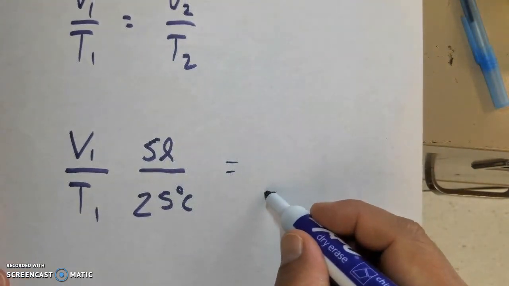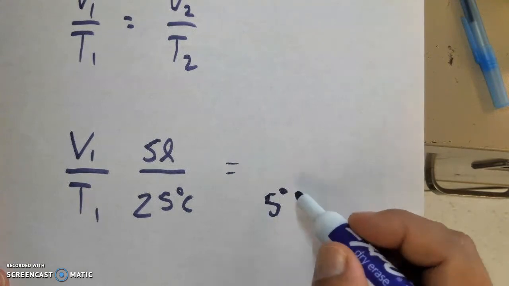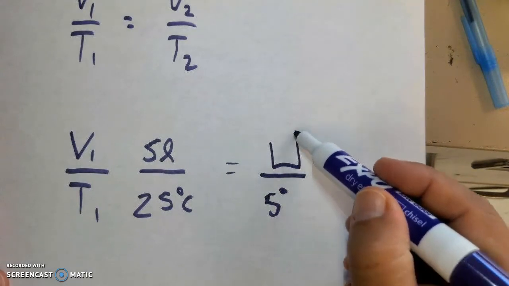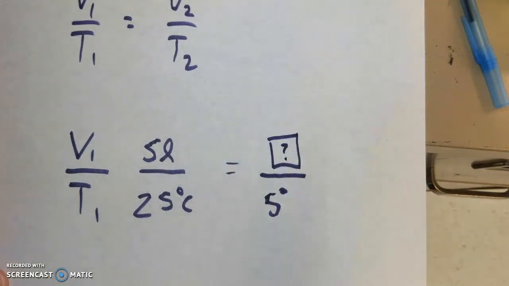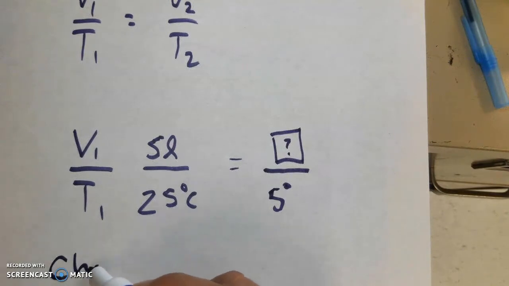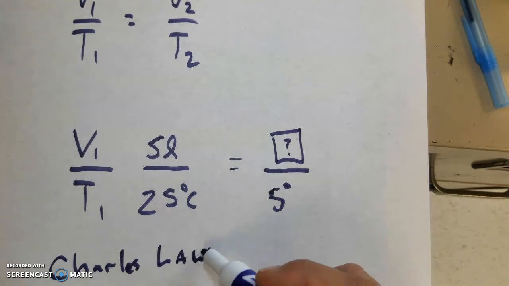So what's it going to be like if you throw it in 5-degree temperatures? So that's a Charles' law problem. How many liters is my balloon going to be if I throw it in 5 degrees? So submit that under Charles' law number 1.